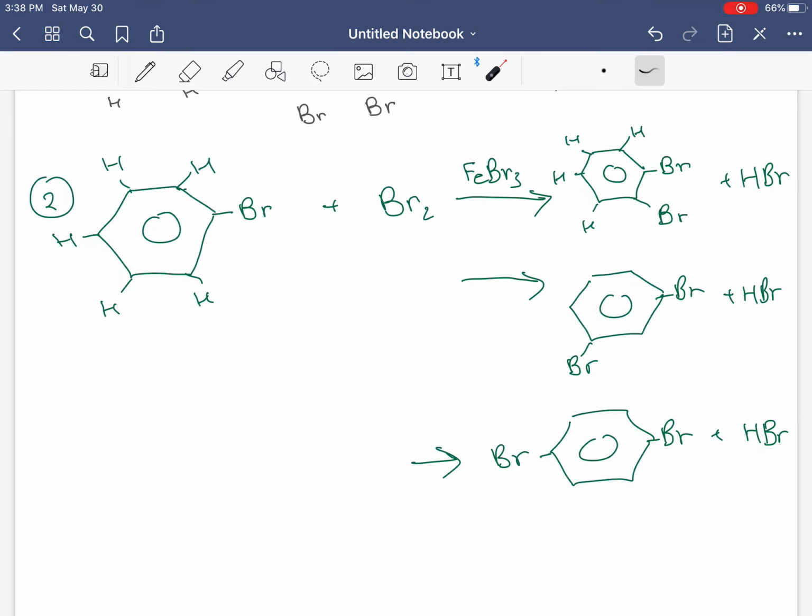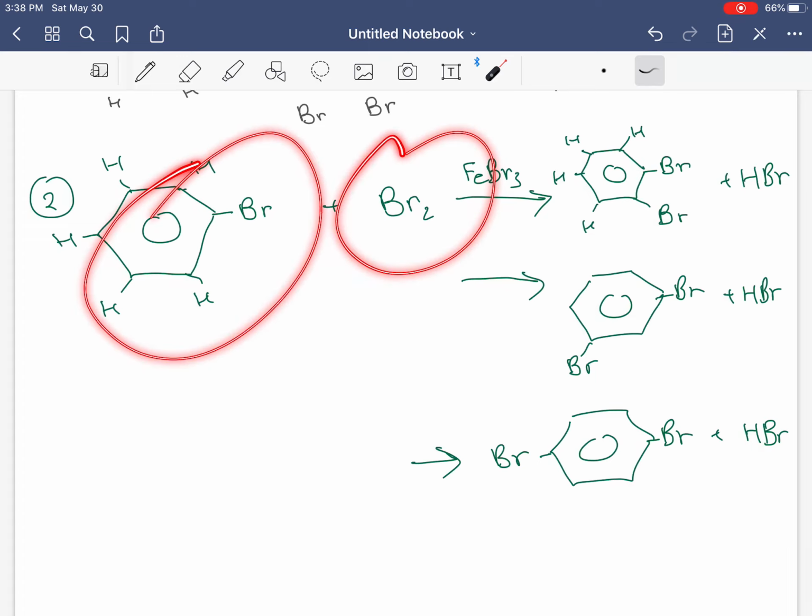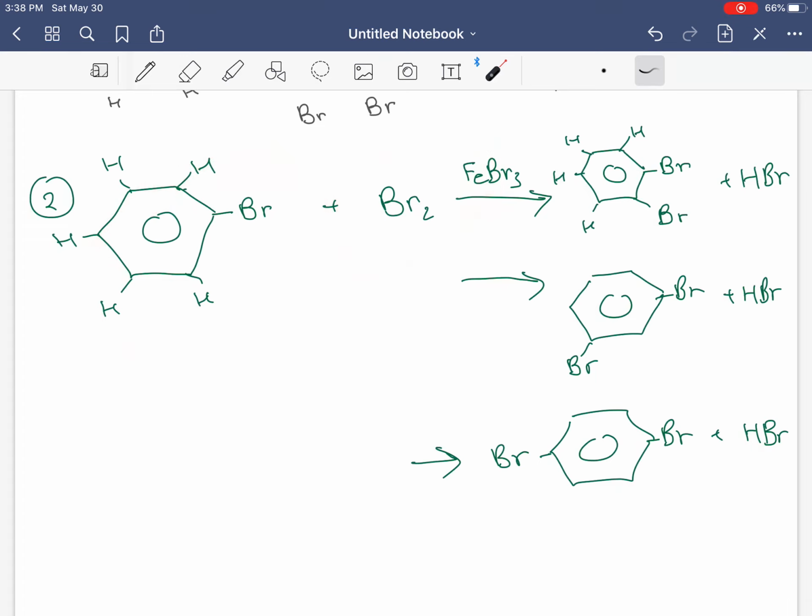So in a reaction vessel, if you're reacting bromobenzene with bromine gas, potentially you can get 3 different products. Or if there's a lot of these in excess, your reaction vessel will have a mixture of all 3 products. So 33.3% here, 33.3, 33.3.